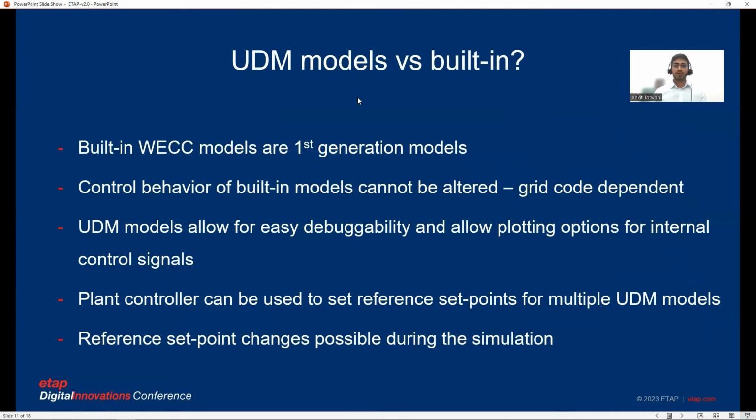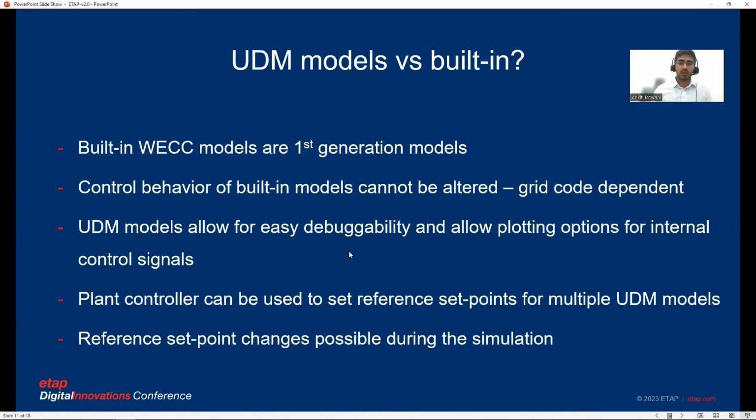For this study, we majorly used user-defined dynamic models, and I wanted to talk about why. The built-in models in ETAP are first generation models, so they lack a lot of the new features which the second generation models have. The control behavior of the built-in models cannot be altered, and we wanted to make certain changes in the control behavior.